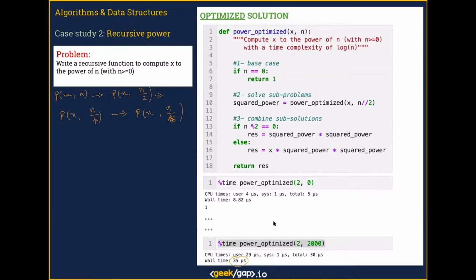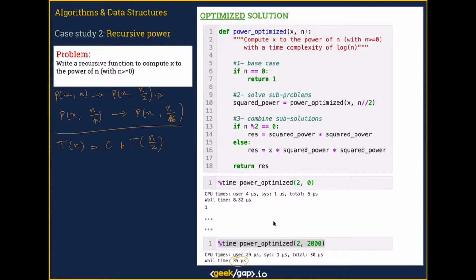If we do this, it means that the time it takes to find the power n is a constant c, plus the time it takes to solve the problem of half the size. Does that make sense? Because you still have that multiplication that you have to do.